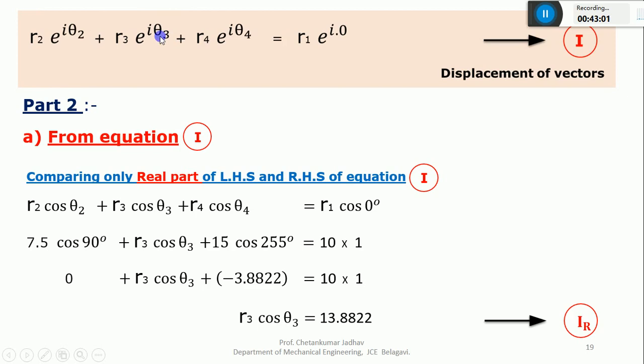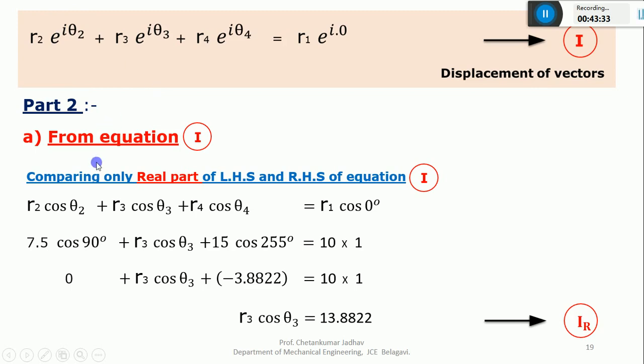Again, I can simplify this as R3 in bracket cos theta 3 plus i sin theta 3. Again, R4 in bracket cos theta 4 plus i sin theta 4. Similarly, R1 in bracket cos theta 1, which is cos 0, plus i sin 0. After simplifying, I think I have done some exercise, right? Directly by seeing this one, you should be able to write what is the real part and what is the imaginary part.